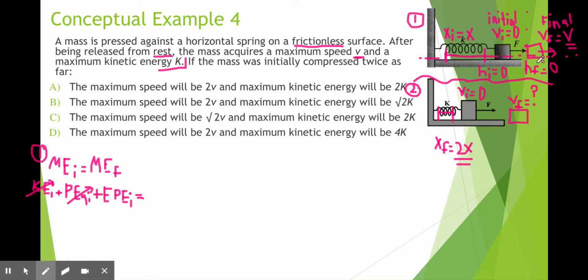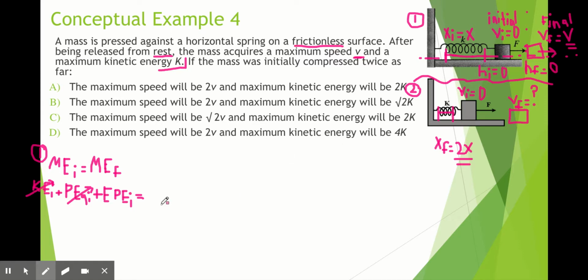what type of energy do we have once the object leaves the spring and is moving across the surface? What type of mechanical energy will we have finally? Anna? Kinetic. Only kinetic energy, right?